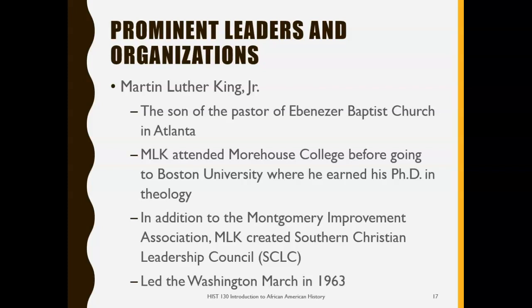And as he was in Alabama, he started to create different organizations and led different movements against the racial segregation. So one of the organizations that he created was the Southern Christian Leadership Council, the SCLC, and we already talked about the march, the most famous march that he organized in 1963.